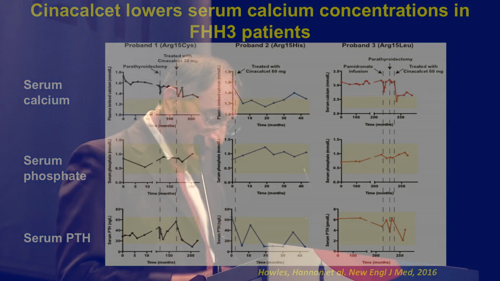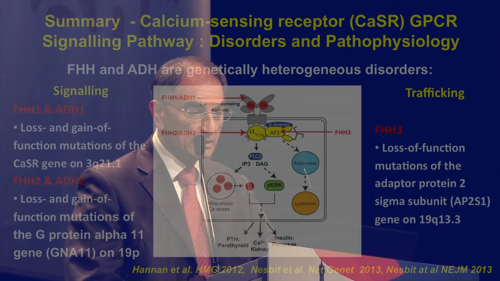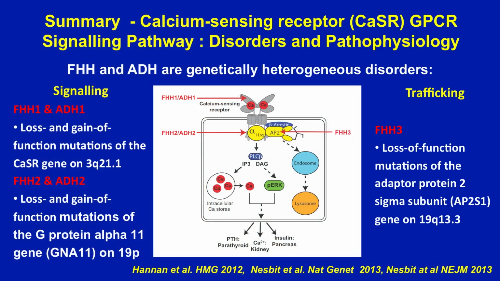and to restore normocalcemia. So I hope in the last little while, I've taught you the value of human studies, thinking about them, and dissecting out signaling pathways. In our case, we've dissected a little bit of the calcium-sensing receptor signaling pathway, and it's told us something about these disorders and their pathophysiology: FHH1 and ADH1 are involved in abnormal signaling, and their loss and gain of function give rise to these disorders of hyper and hypocalcemia.